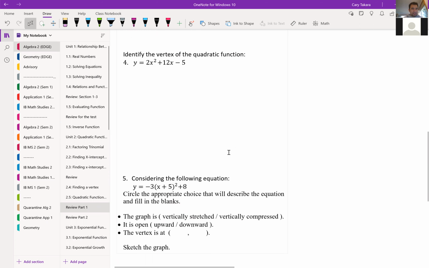These are only 5 questions, but it captures the essence of each section of what we've done all this week and last week. You can consider it a short version of the test. And then I will also make the test available to you tomorrow as well.